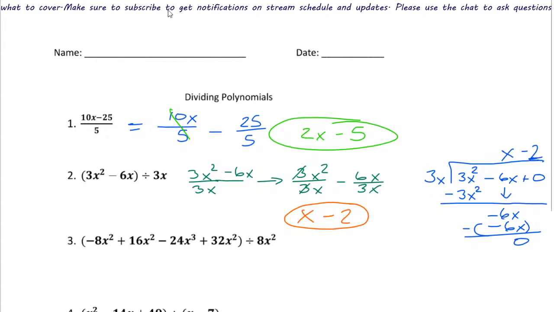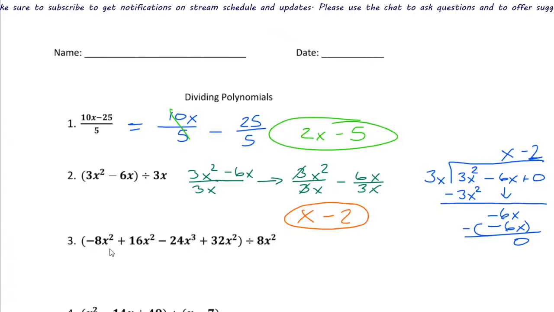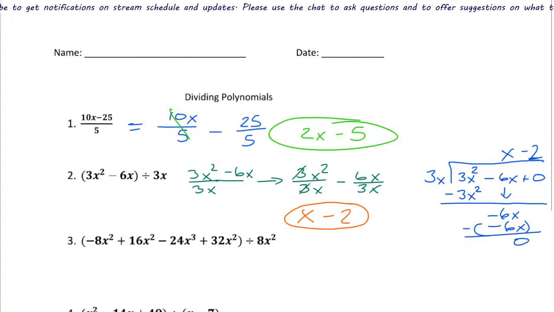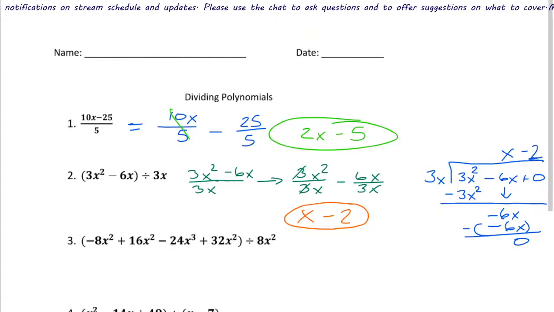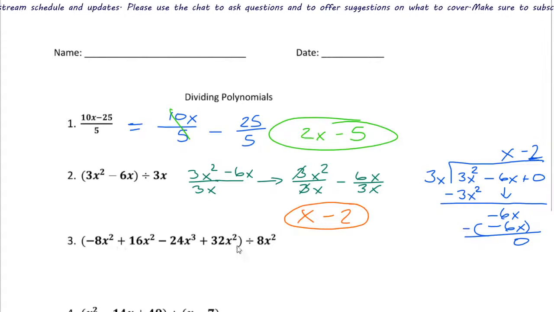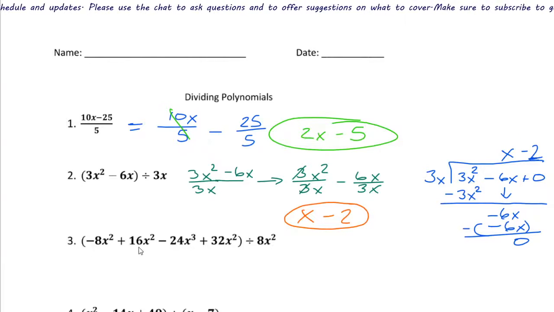On the next one, the polynomial is not simplified, so we need to write this in standard form. So our highest degree is 3, and there's only one of them, it's -24x cubed, and I'm going to go ahead and set this up as a long division method.